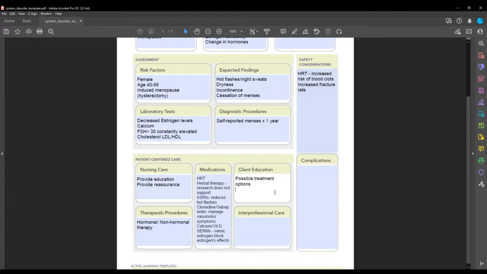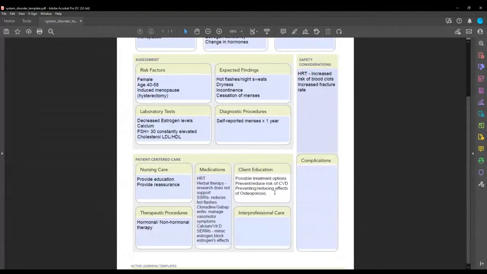As we hit menopause, we start to have risk of cardiovascular disease, right? So we want to talk about how to prevent or reduce the risk of cardiovascular disease. And then we're also concerned about preventing or reducing the effects of osteoporosis.